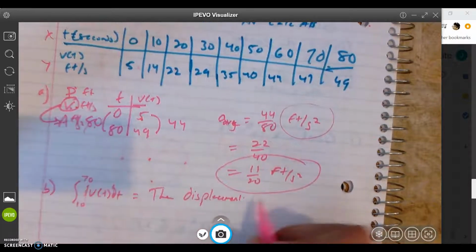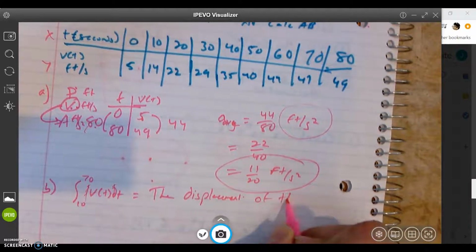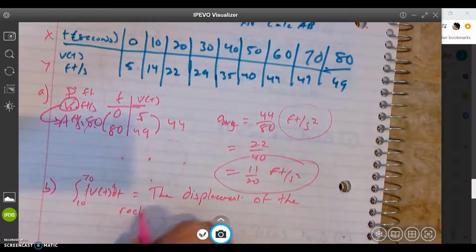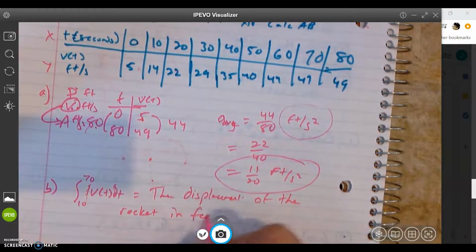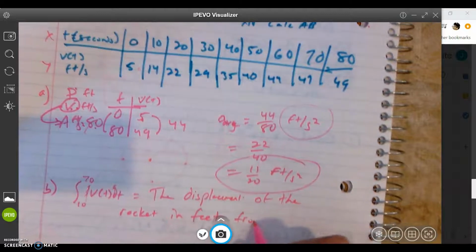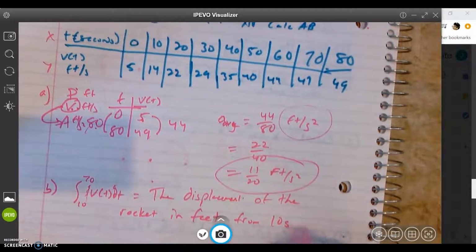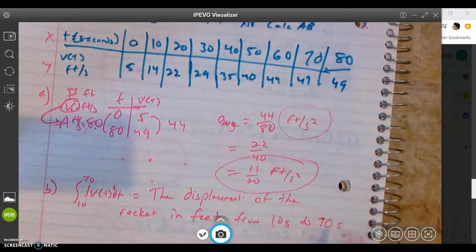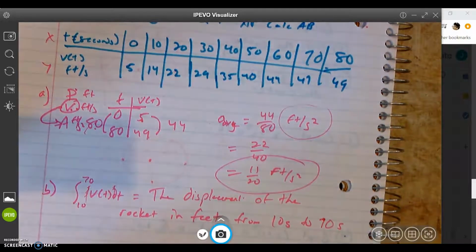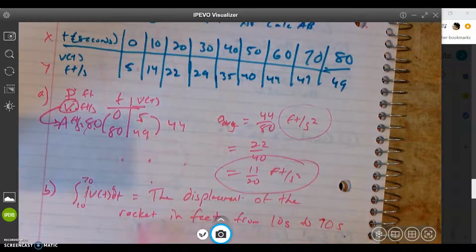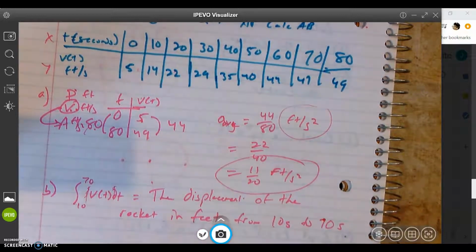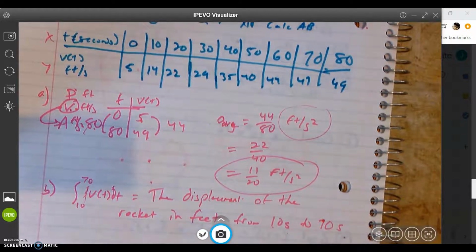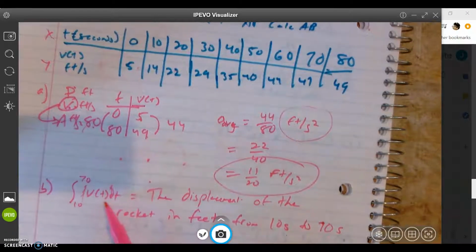The displacement of the rocket in feet from 10 seconds to 70 seconds. Cool, so that's what it means. The total displacement of the rocket means how many feet it traveled from 10 seconds to 70 seconds. That's what this integral means.